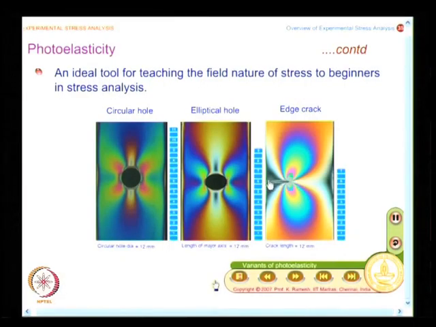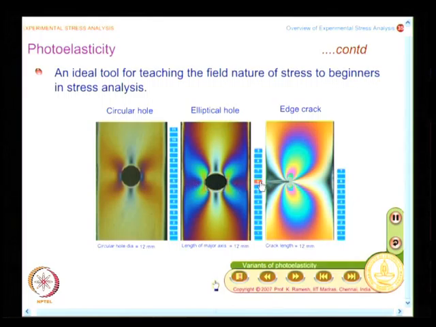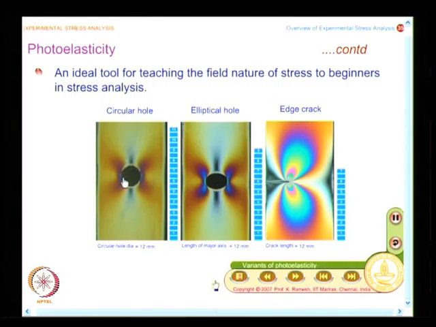And what you see here is, I have a crack, where you have the least amount of material removed. And suppose I take the load as 6 in all the cases. I have a plate with a circular hole, I have a plate with an elliptical hole, I have a crack, and you do not need to explain.